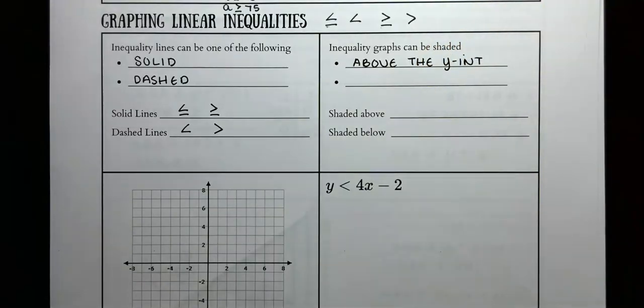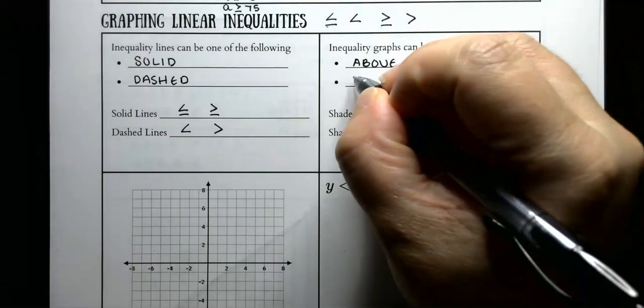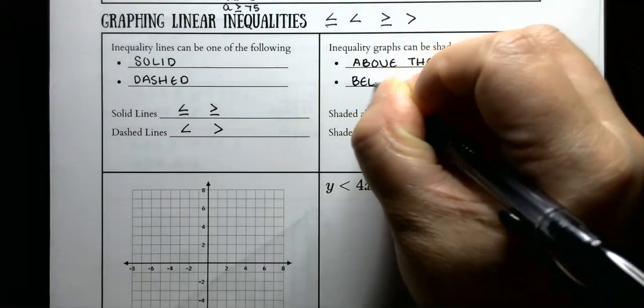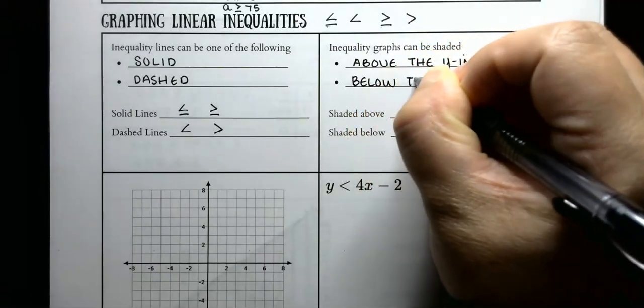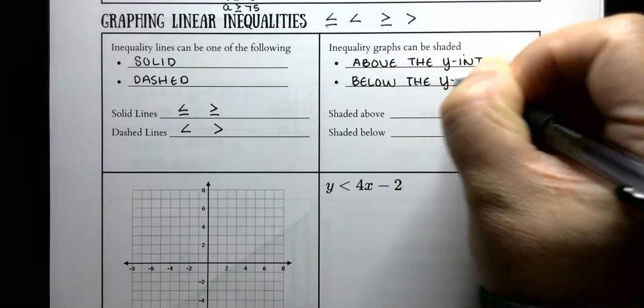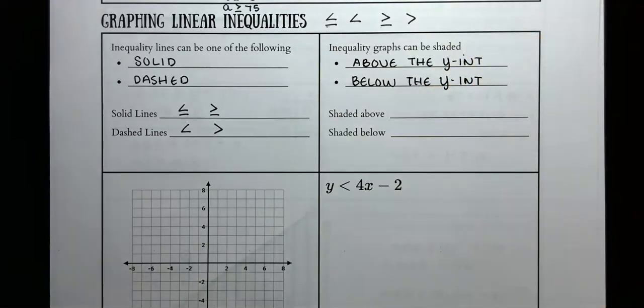We're going to use the y-intercept as our point of reference to determine what is above and what is below. So the other option is to shade below the y-intercept. Remember, the y-intercept we use to start our graph. It's the point on the y-axis. So we have to determine where are the numbers above or below, greater than or less than.